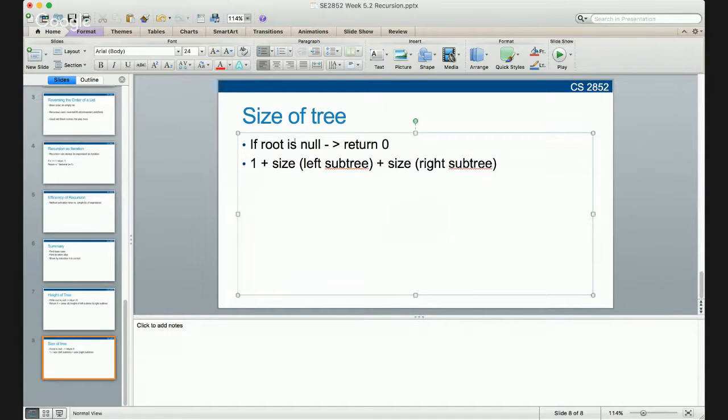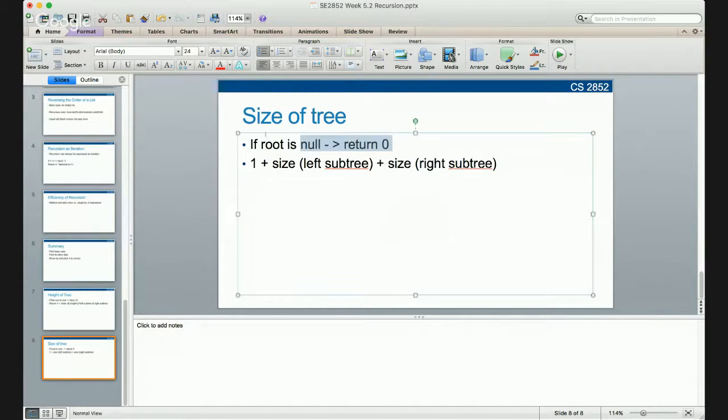So if there's only one node in it, then it would be 1 plus the size of the left subtree, but the left subtree would be null, and the right subtree would be null, which would both return 0, so it would be 1. Otherwise, we continue down the tree.